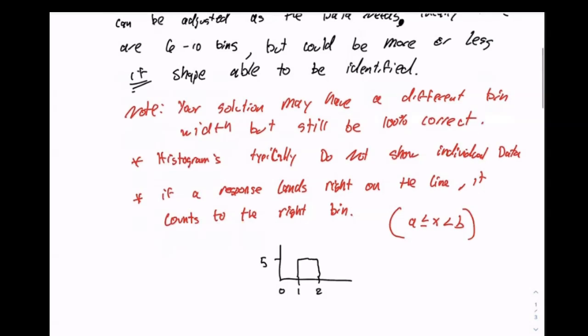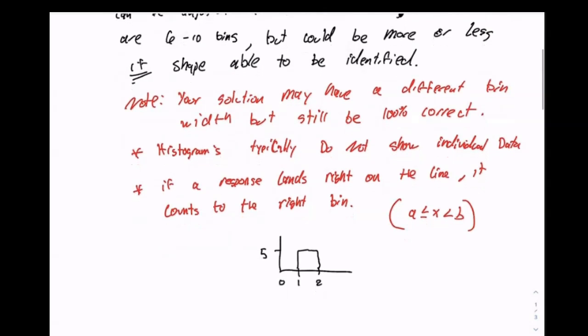So when I see a histogram that looks like this, this means that there were 5 responses between 1 and 1.9999999.